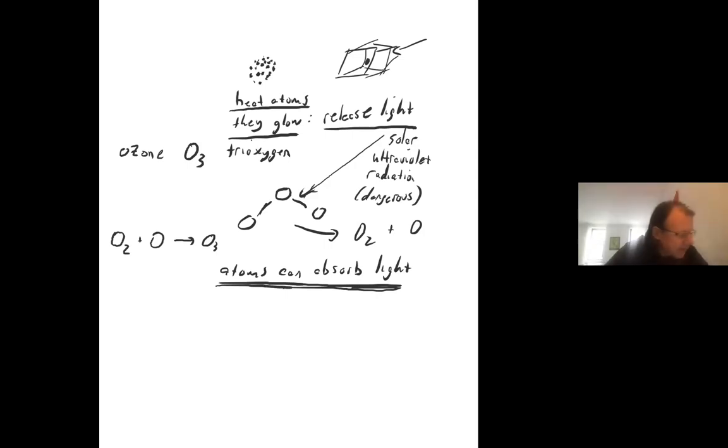Atoms can be studied by heating them, seeing what light comes off of them, and then shining light on them to see what kinds of light they absorb. And it turns out that different atoms absorb different colors of light.